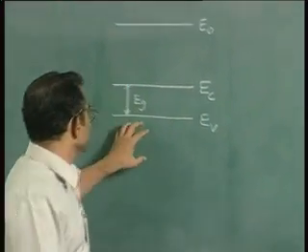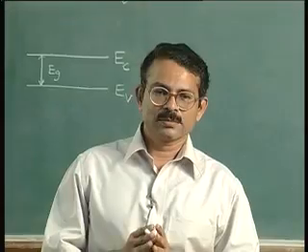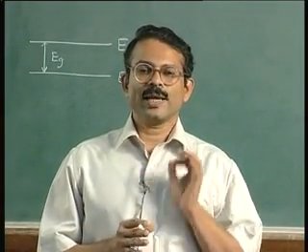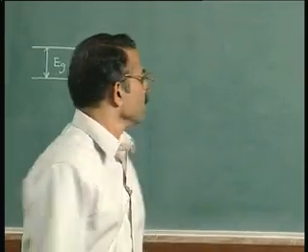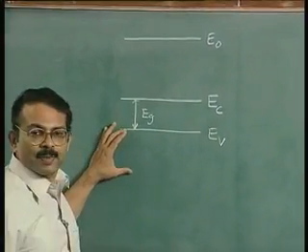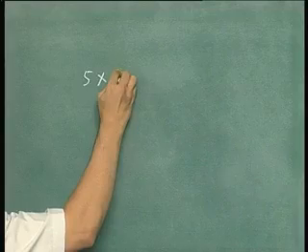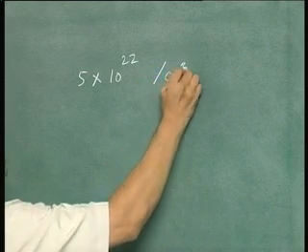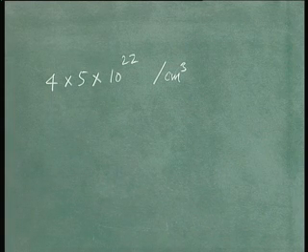When we look at the valence band and the conduction band, the electrons which are coming into these bands are basically coming from the 4 valence electrons of each of the atoms in the crystal. So the total number of states corresponding to, let us say, the valence band would be 5 into 10 power 22 atoms per centimeter cube, multiplied by 4 valence electrons for each atom.